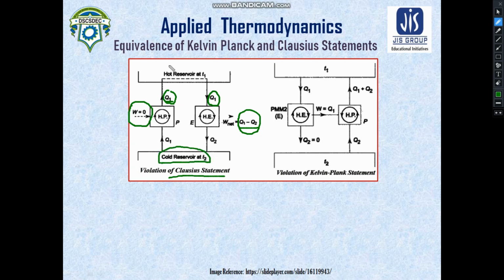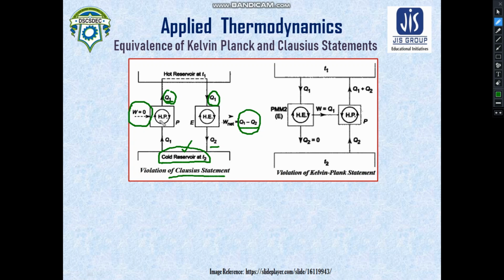This heat engine is not interacting with this hot reservoir. It is only interacting with this cold reservoir where it is rejecting this heat Q2, and this heat engine is not receiving this Q1 from this hot reservoir. It is receiving this Q1 from this heat pump, right?